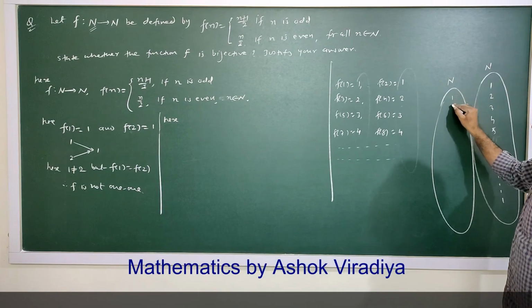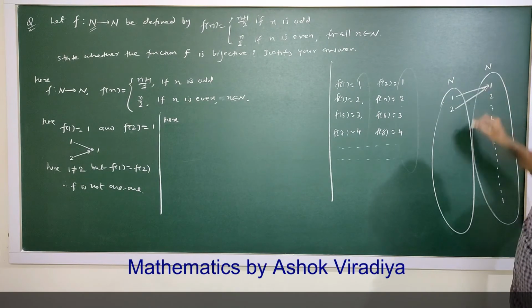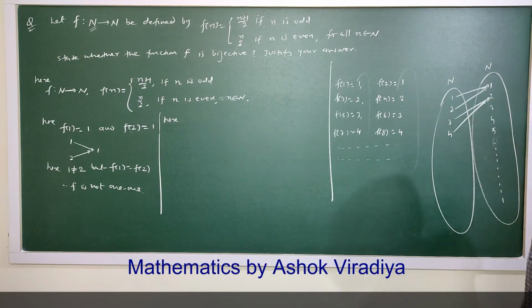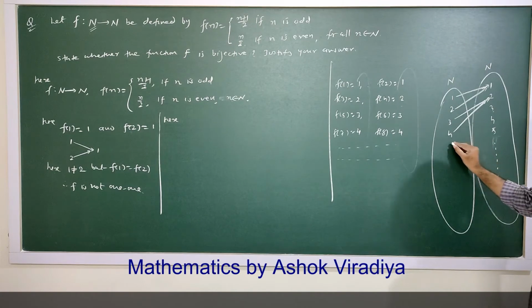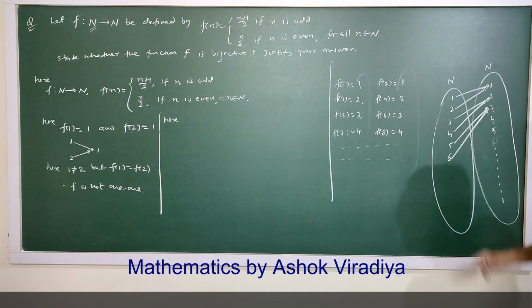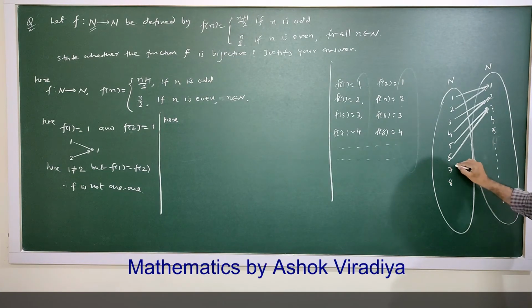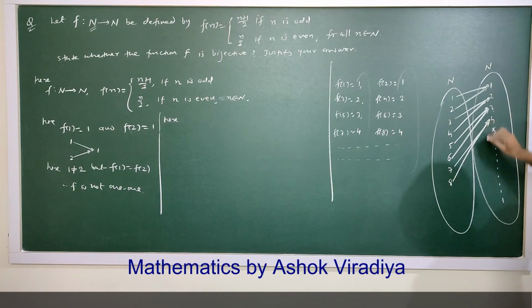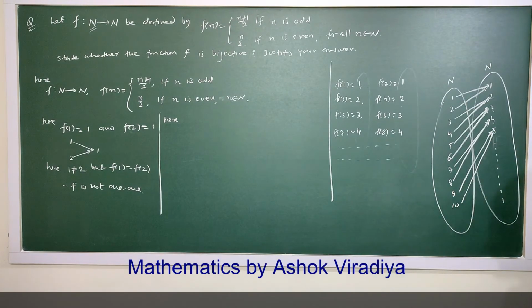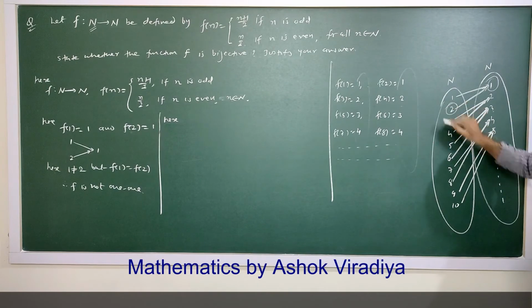1 is the image of 1 and 2. 2 is the image of 3 and 4. 3 is the image of 5 and 6. 4 is the image of 7 and 8. 5 is the image of 9 and 10. Now focus on these numbers.